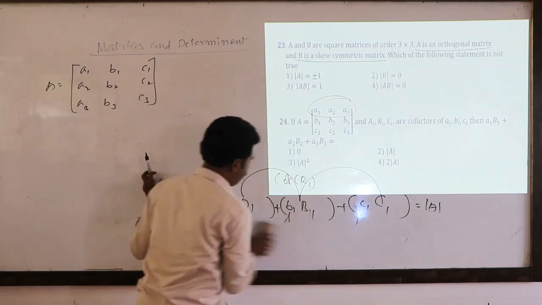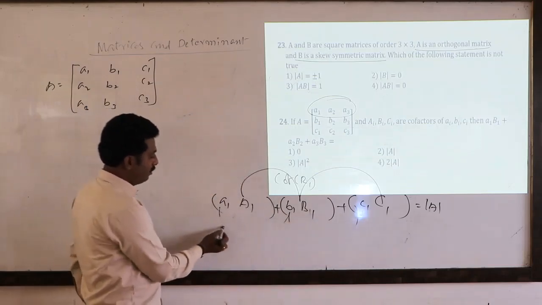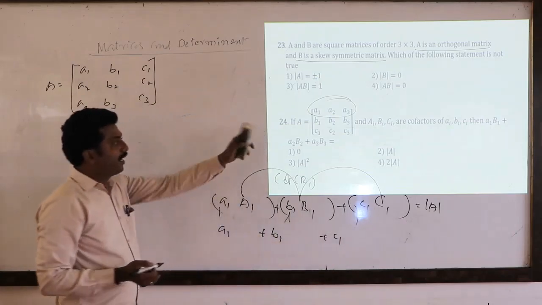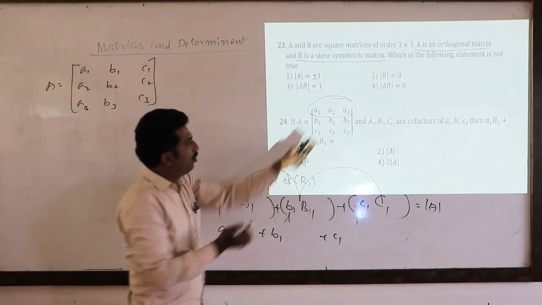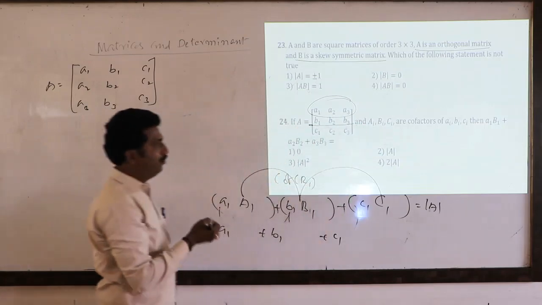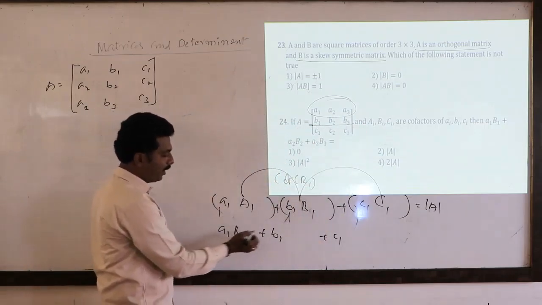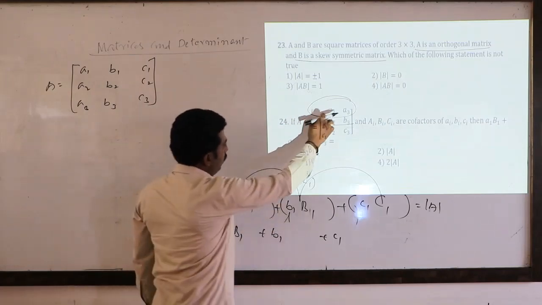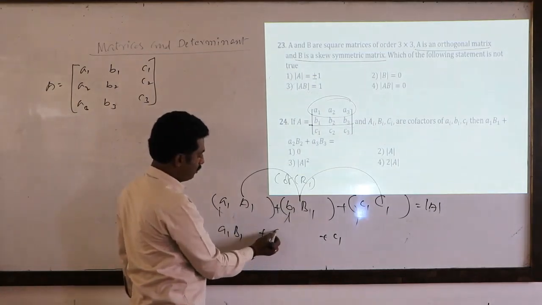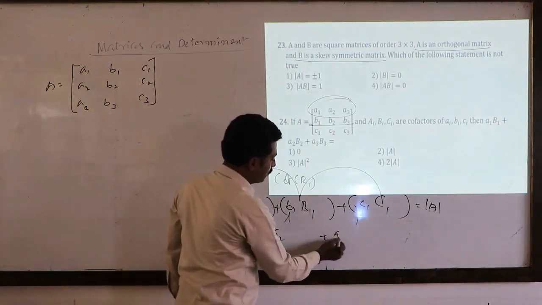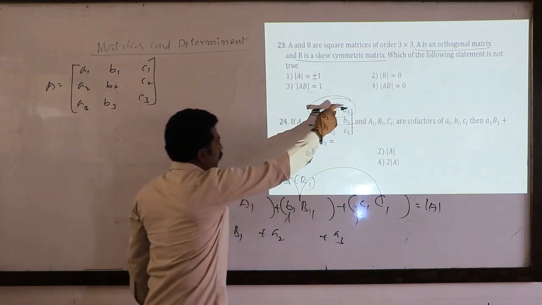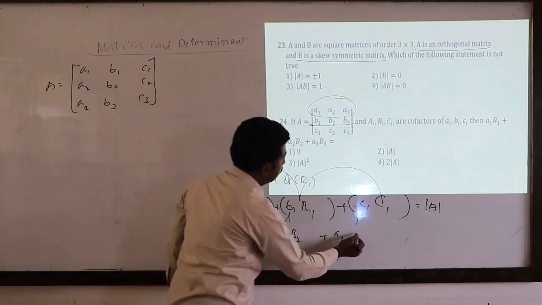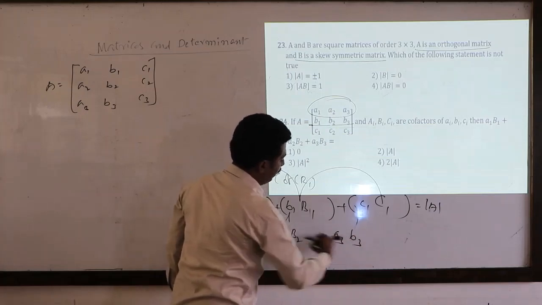See here: the first row elements A1, B1, C1, and the second row cofactors. The second row elements are B1, B2, B3, with cofactors capital B1, B2, B3.